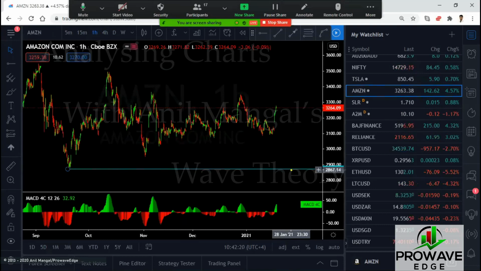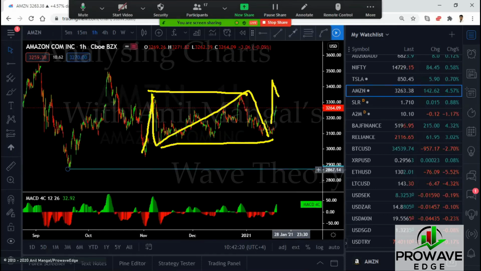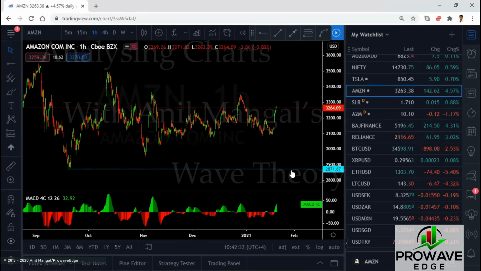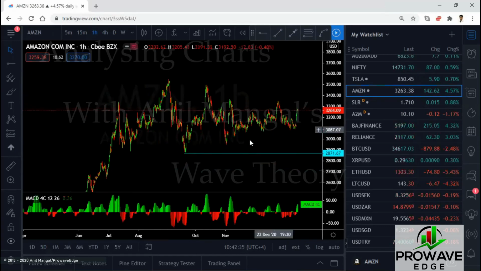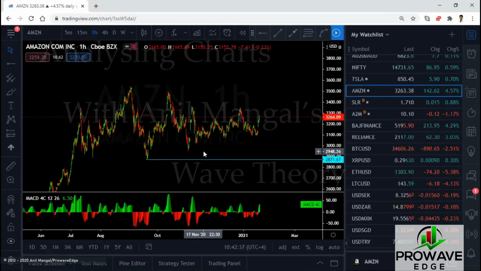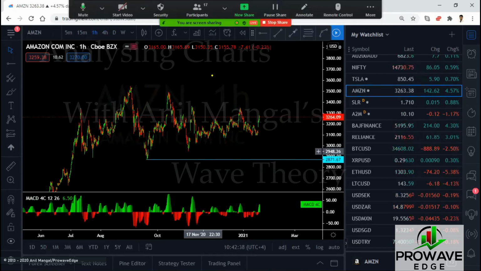So we've got a 1, 2, 3. We can probably look at this as a flat here. And if this goes back up like that, then we're still going to come down because I don't see them going up without breaking this low. So all we're getting is a more complex pattern here, unless we're going for a contracting flat.